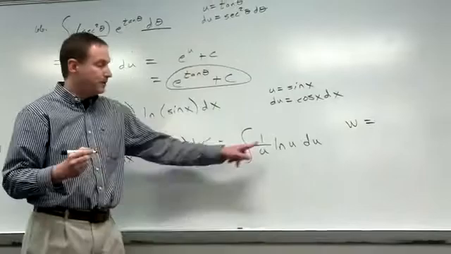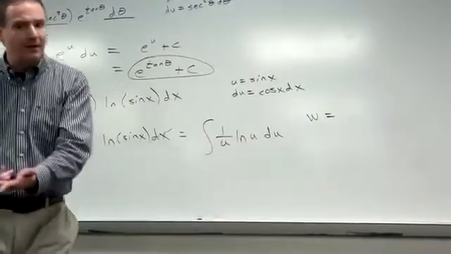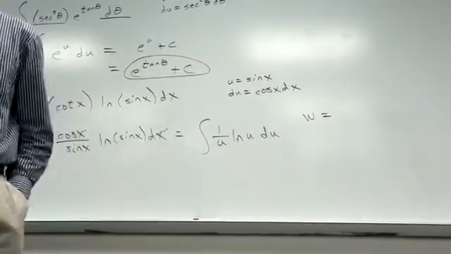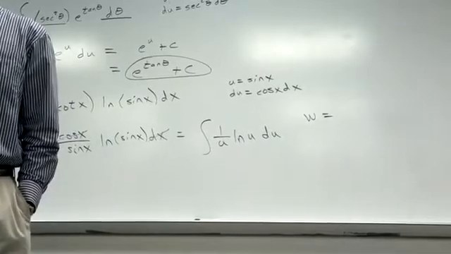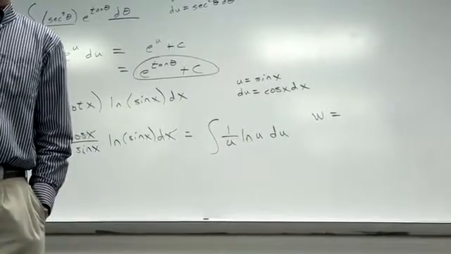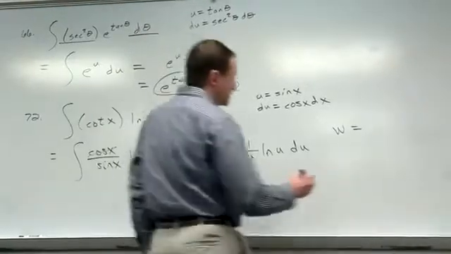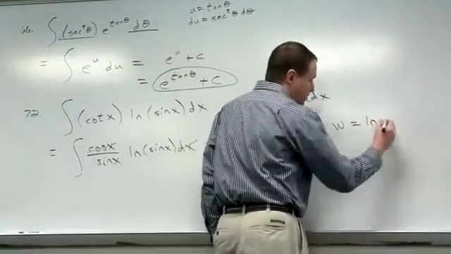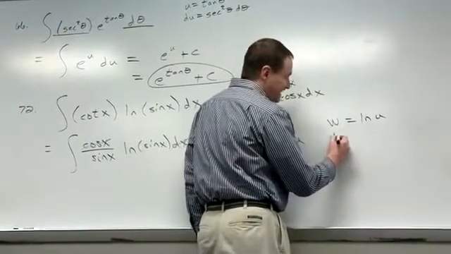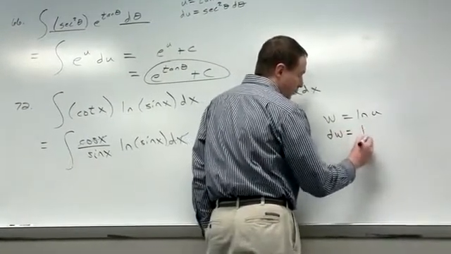Why would I do that? Because in my head I'm already thinking, well, the derivative of the natural log of u with respect to u is going to be 1 over u. That's nice. I have a 1 over u in the problem. So I'll let w equal the natural log of u, and then dw is going to be the 1 over u du.